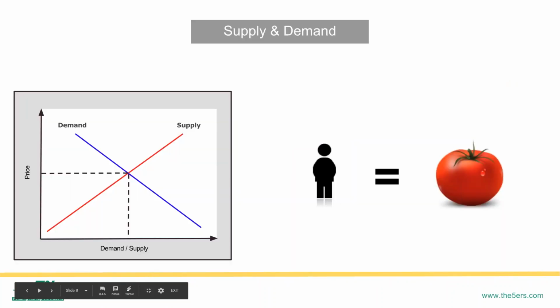So in theory, say we have a buyer and a commodity which somebody is willing to sell. If we have a balanced situation where we have enough buyers to buy sufficient commodity, then price will just stay at a certain level and nothing will change.